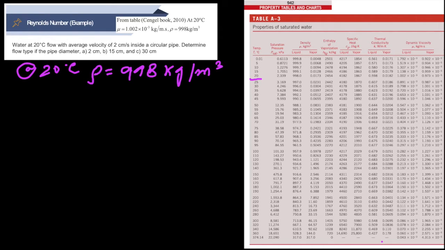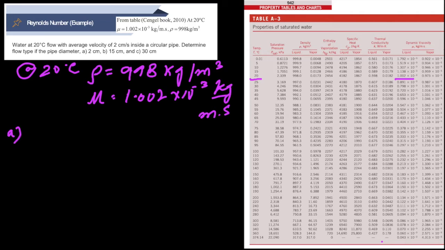Then we need to see the viscosity. The dynamic viscosity mu is 1.002 into 10 to the power minus 3 kilogram per meter second.